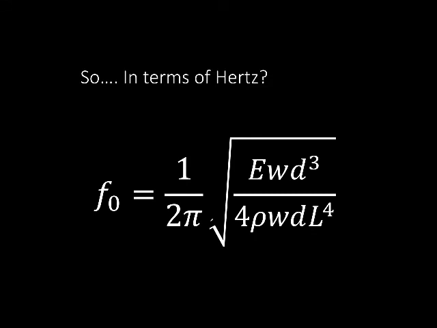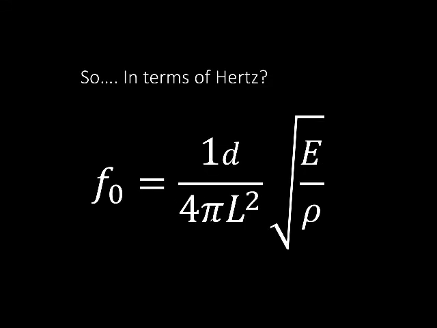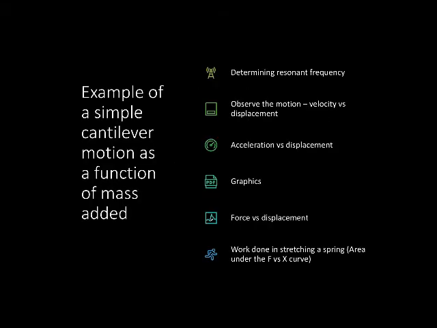Hertz is 1/second, cycles per second. Like I said, there's going to be another video which shows the example of a simple cantilever motion as a function of the mass added. I'll probably just tag it on to the end of this lecture. I don't think I'll make it two separate videos.